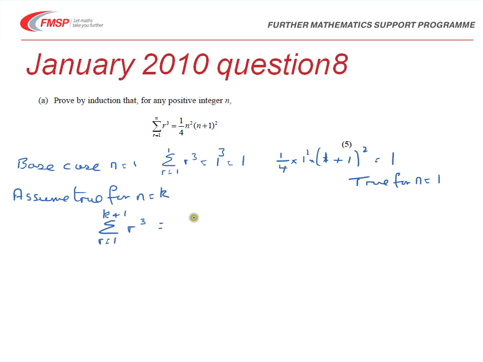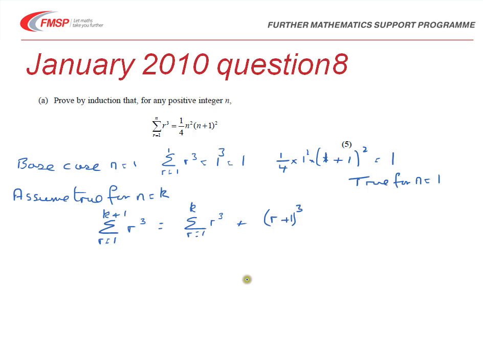Well, that will be the sum from r equal to 1 to k of r cubed, and then plus the next term, which is k plus 1 all cubed.